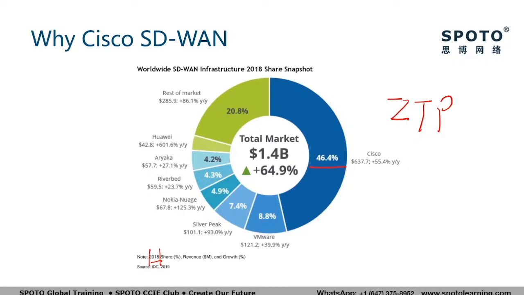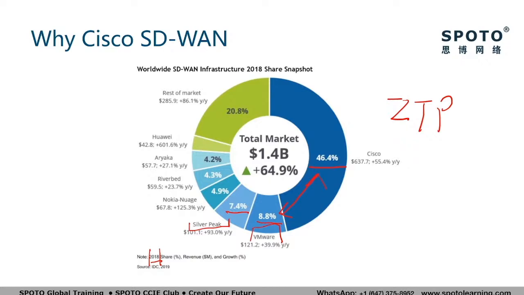The second one is VMware, which has 8.8% market share. The third one is Silver Peak. The market share is 7.4%. You can see the distance between these. They are huge. Cisco is absolutely the market leader for this technology on the market.